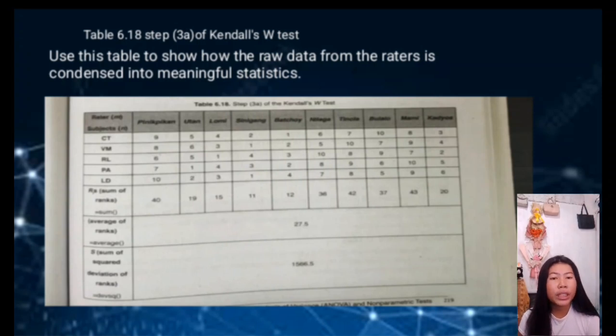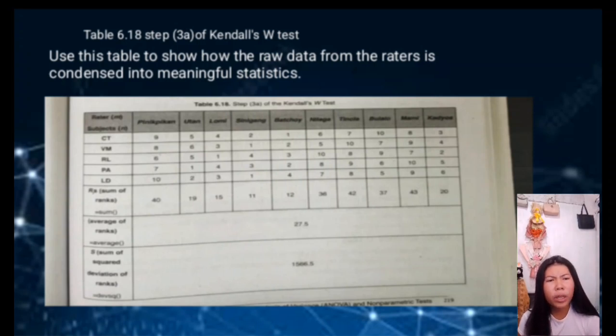Let's take the example of sinigang. The rank of CT is 2, the rank of VM is 1, and the rank of RL is 4. Then the rank of PE is 3 and the rank of LD is 1. So to get the total, we just add all the ranks. Next is getting the mean. Since the mean is already in the table, it is 27.5.